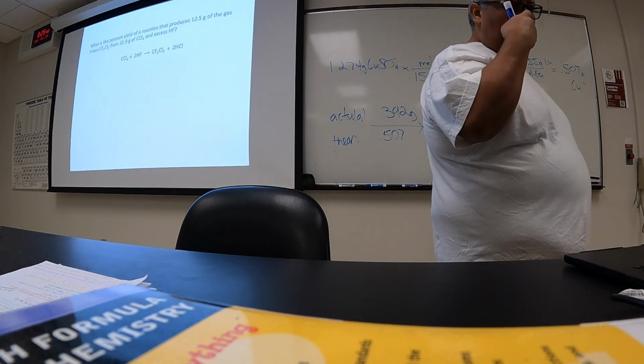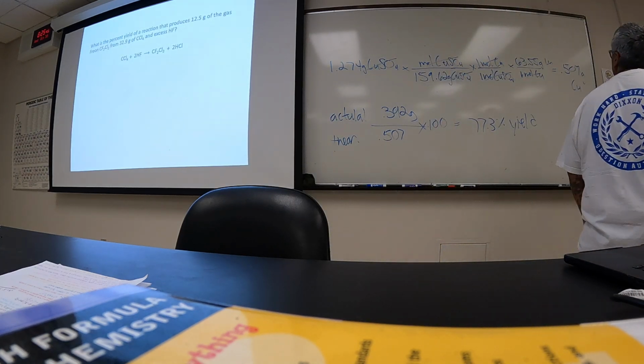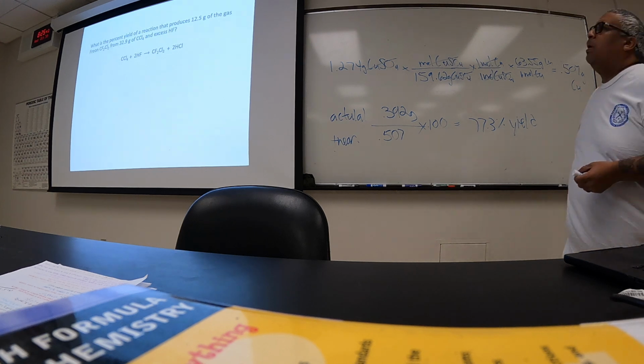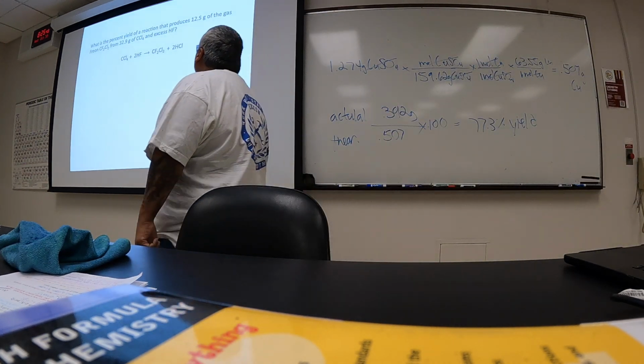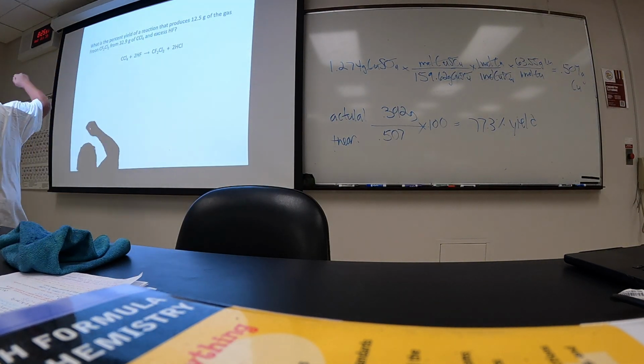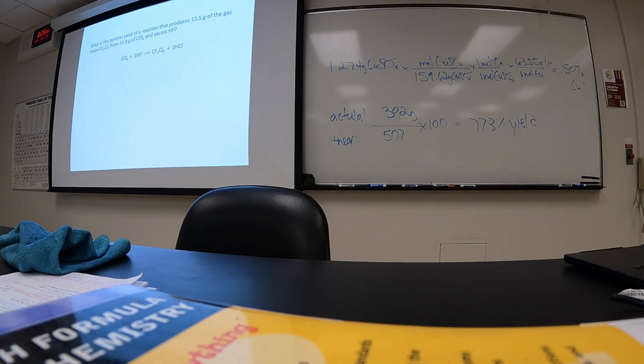So let's do one more of these here. We do have excess hydrofluoric acid, as it notes here. What's the percent yield of the reaction that produces 12.5 grams of gas freon from 32.9 grams of carbon tetrachloride? All right.